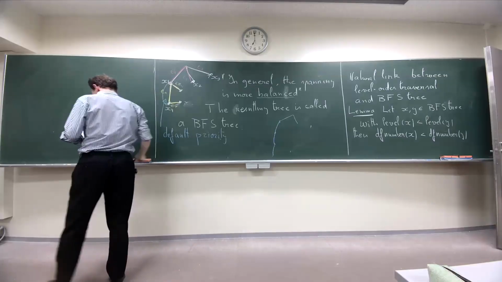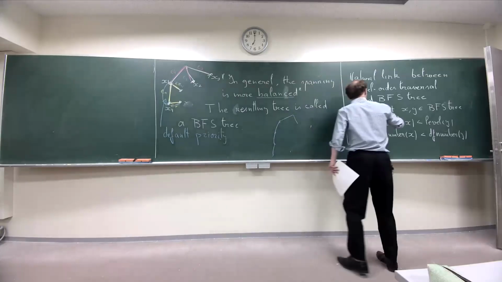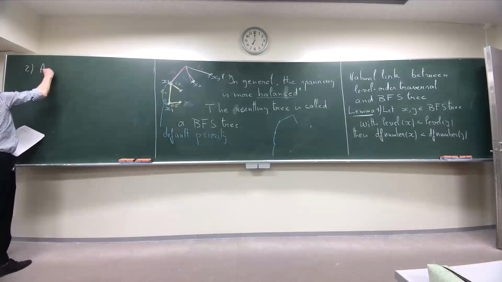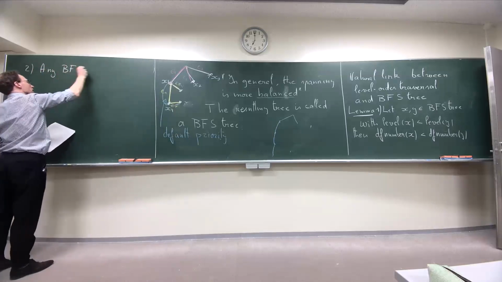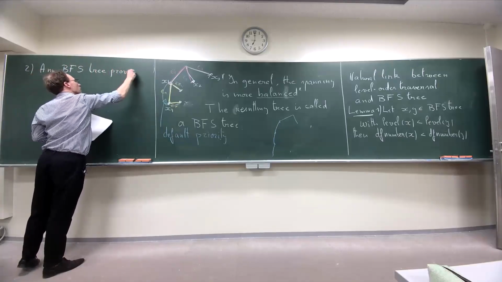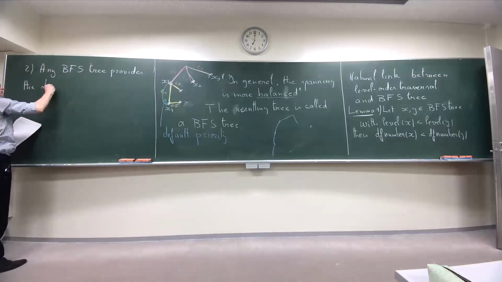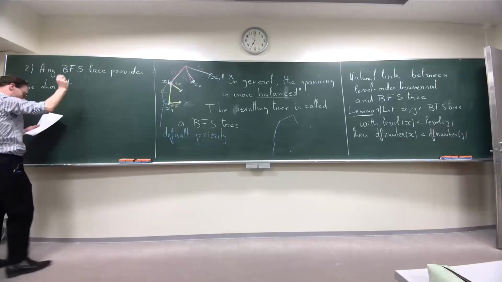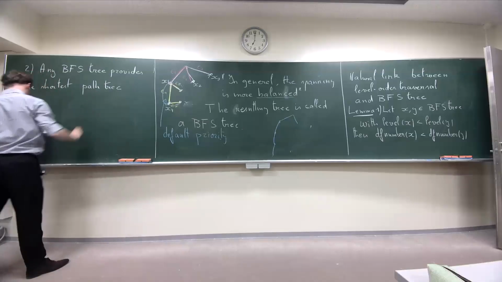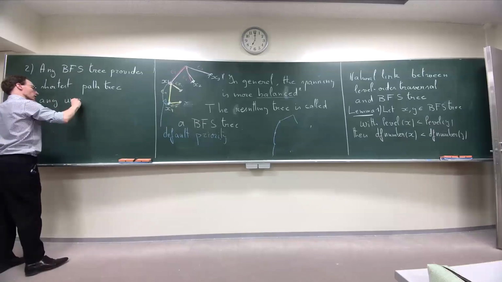And the second statement, this was the first part of the statement one. The second part is: any BFS tree provides the shortest path tree, for any unoriented graph.